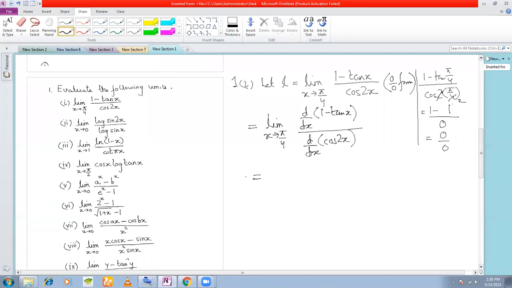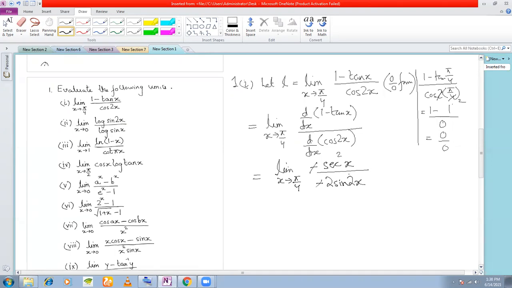Differentiation of 1 minus tan x is minus sec square x, divided by d/dx of cos 2x, which is minus 2 sine 2x. Clearly, these two minus signs cancel off.